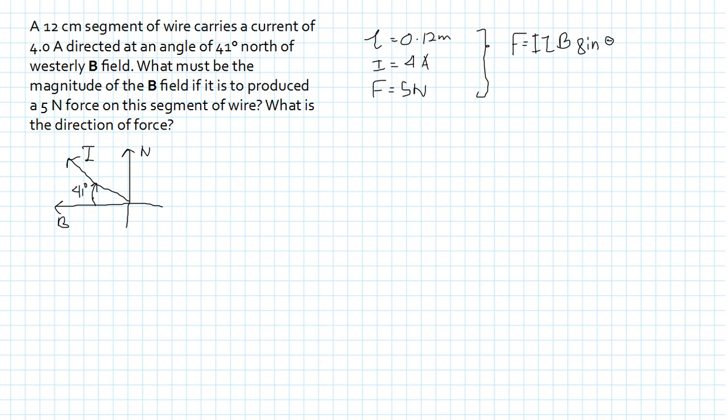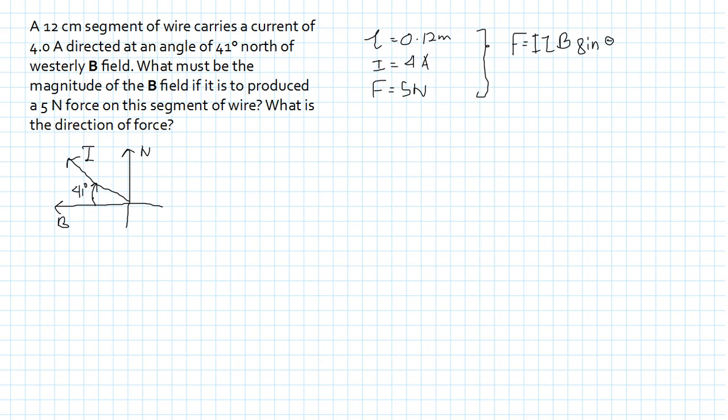It's about 41 degrees from the B. So to make things simpler, we need to resolve the I into the X component and also the Y component. The X component of I is parallel with the B. We don't want that.